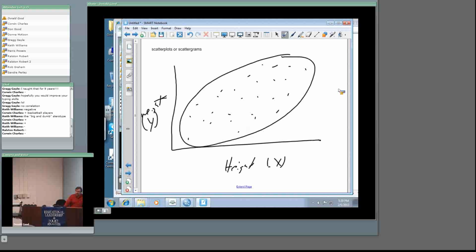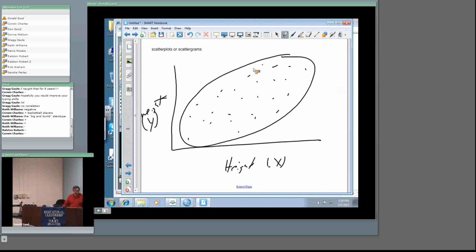So sure enough, your Algebra 1 stuff really honestly did mean something. Because this leans this way, if it were a line, it would have a positive slope. If it's a correlation, it is a positive correlation.